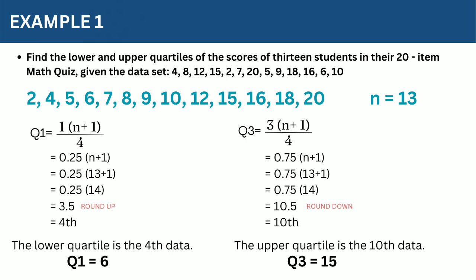So now we get 14. Then we multiply 14 by 0.75. Now we get 10.5. Since it is not a whole number and it belongs in the third quartile, then we have to round down. So 10.5 is just 10. So the upper quartile is the 10th data, which is 15.